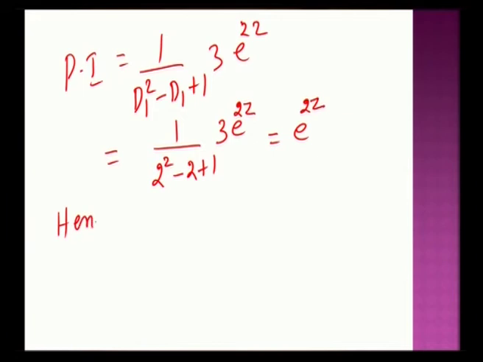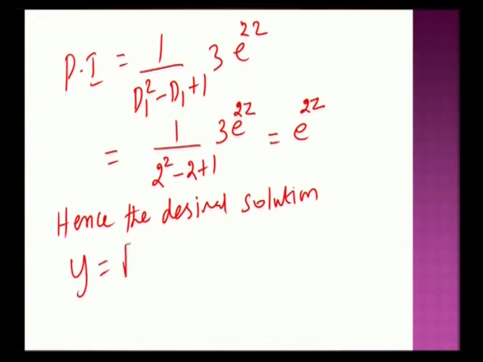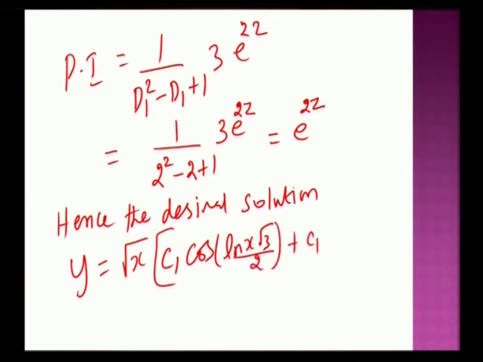Hence, the desired solution for the above differential equation will be y is equal to root x into c1 cos of ln of x into root 3 by 2 plus c2 sin of ln of x root 3 by 2, plus e power 2z, where after substituting z is equal to ln of x, we will get x square.